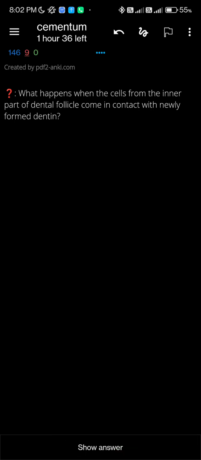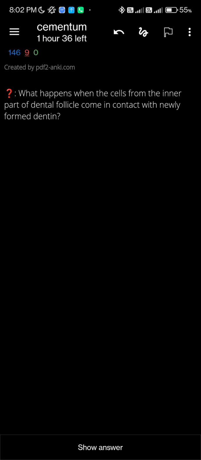What happens when the cells from the inner part of the dental follicle come in contact with the newly formed dentin? The dental follicle cells differentiate into cementoblasts.